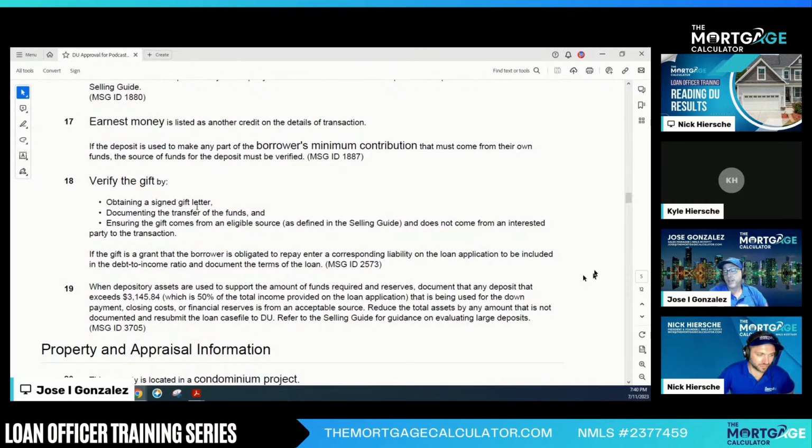So hopefully the wire transfer document identifies the donor's name somewhere on there, right? Or if not, maybe the transaction history in the borrower's account will show wire transfer from John Doe, right? Okay, we see John Doe gave him. That's fine. You just verified who the money came from, right?